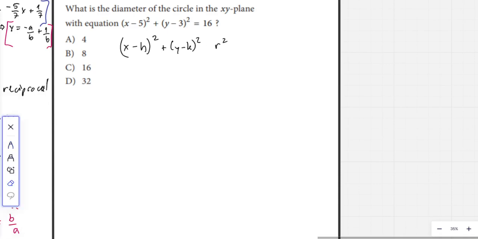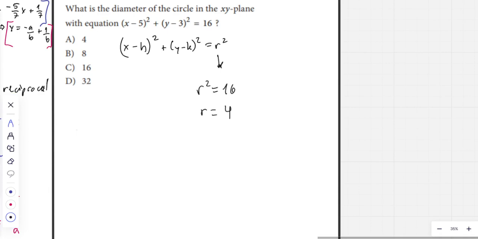And r squared is your radius term squared. If the radius squared is equal to 16, then square root that to get the radius equals 4, which is not the answer, of course, because we're asked to find a diameter. Diameter is twice the radius, which is going to be 2 times 4, or 8.